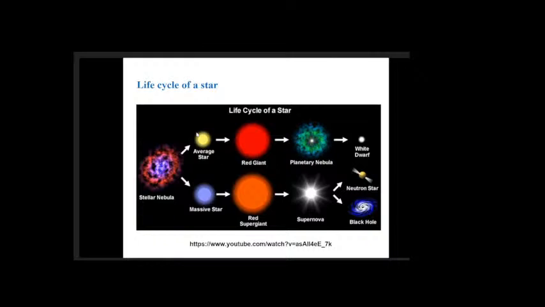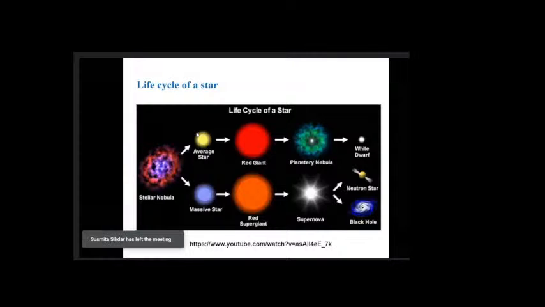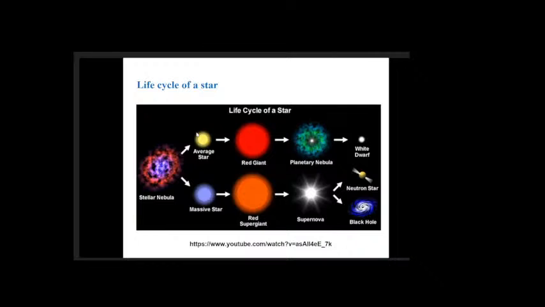Now see, hydrogen is continuously getting fused. So at some point hydrogen will be completely burnt out, because you have a finite amount of hydrogen at the core. Once that happens, this fusion process will stop, and there will be no radiation coming out. So there will be no force that will oppose gravity, right?